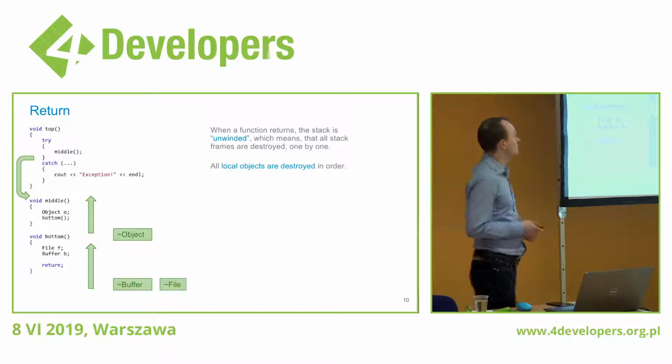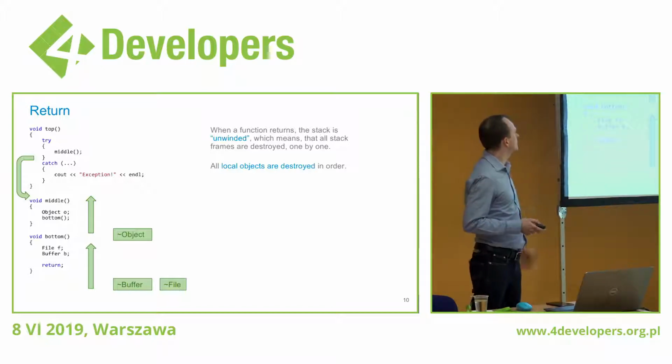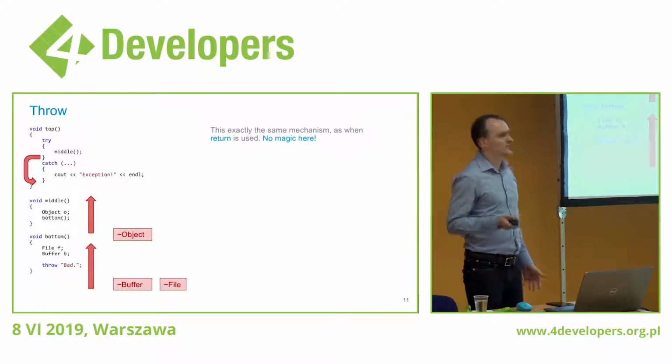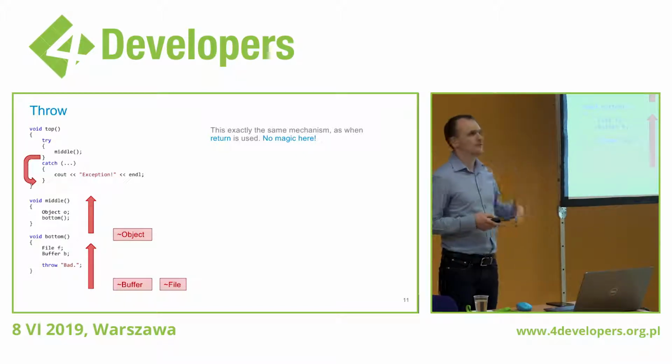So what happens when we change our return to a throw? Well, it works exactly the same. It works exactly as if it was a return: the local objects are cleared, and we return to the calling function.